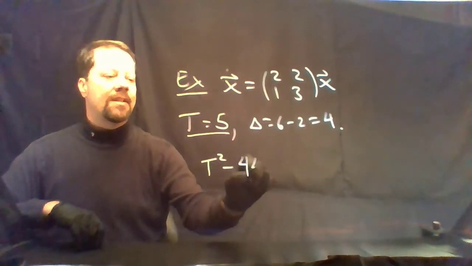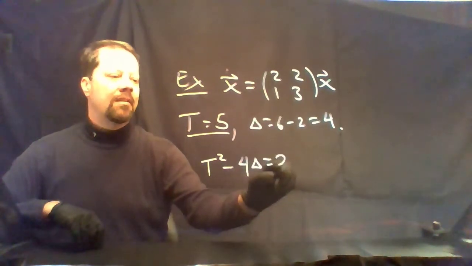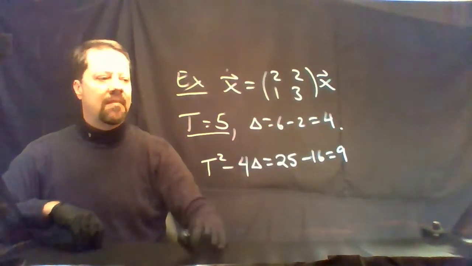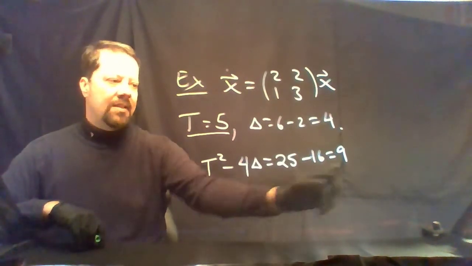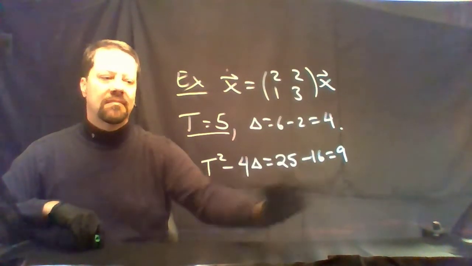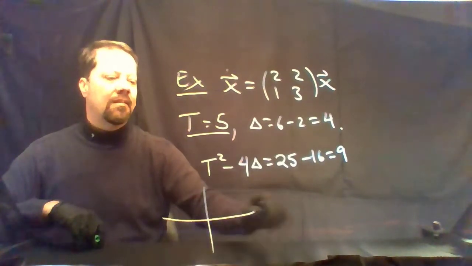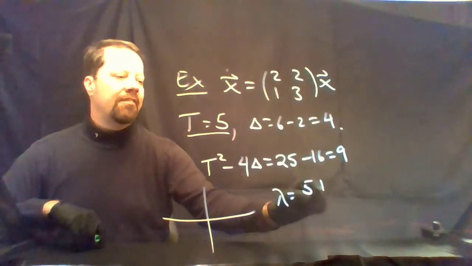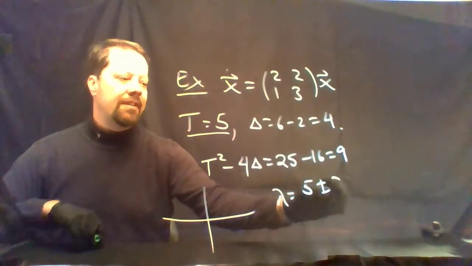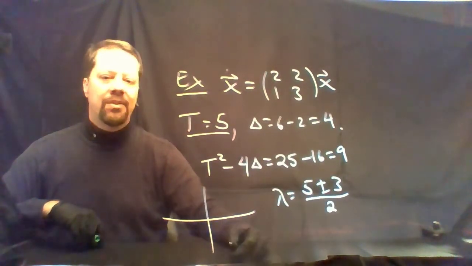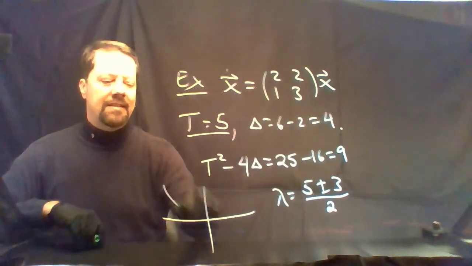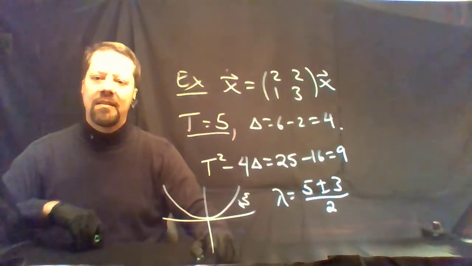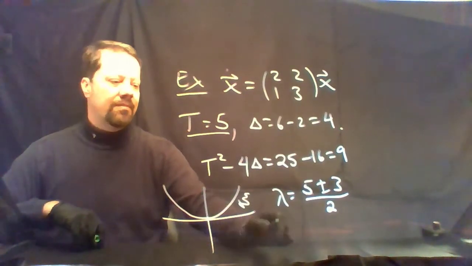T squared minus 4 delta will be 25 minus 16, which is 9. Since this is a positive number, that means our eigenvalues are going to be 5 plus or minus the square root of this, 3, divided by 2. You can see that they're both going to be positive. We're going to be in this region over here, giving us a source.